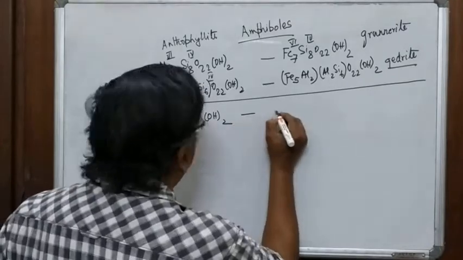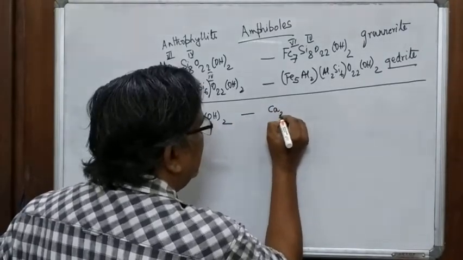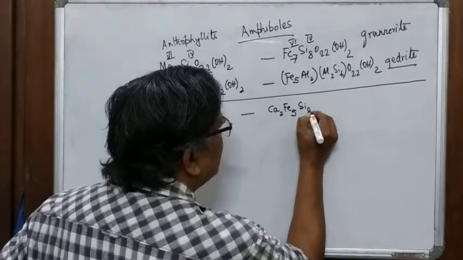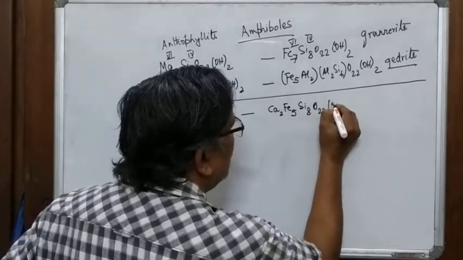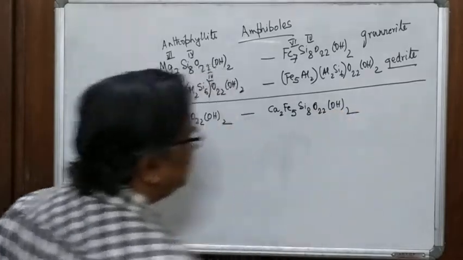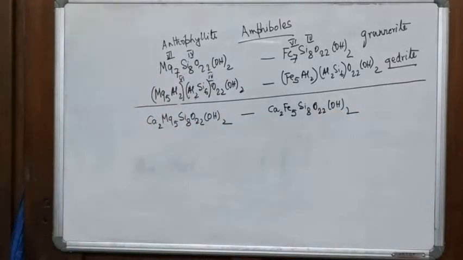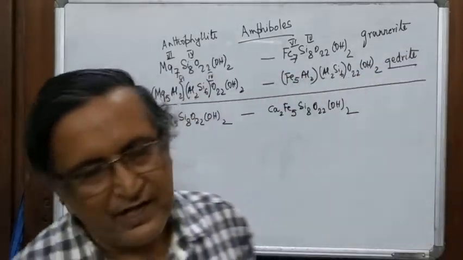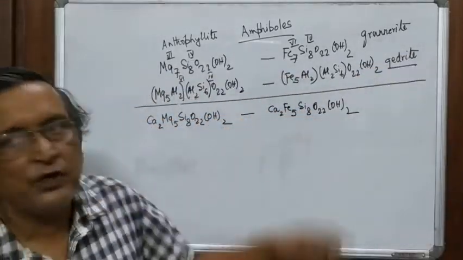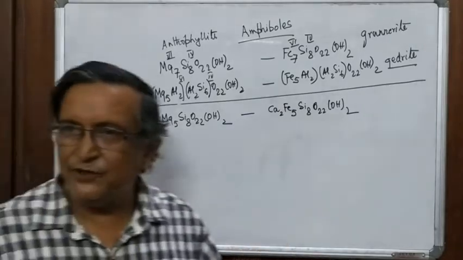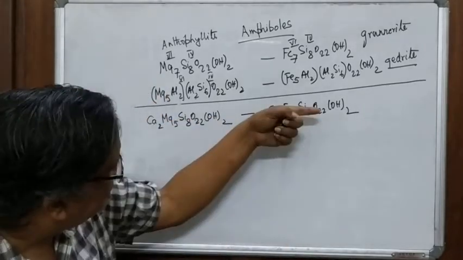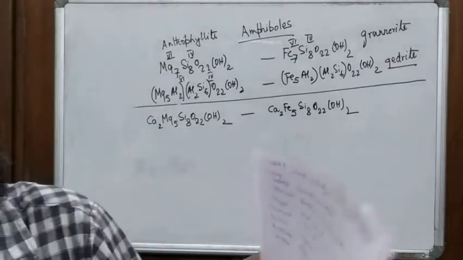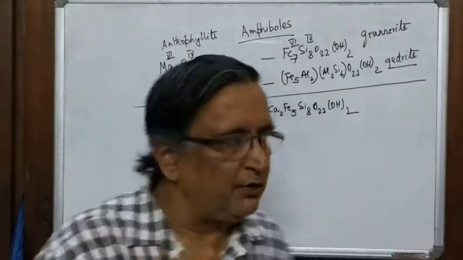And you have the iron end member, which is Ca2Fe5Si8O22(OH)2. This has a nice name. It's called actinolite. This is the tremolite-actinolite solid solution. Nice name, no? Actinolite. Tremolite and actinolite form the solid solution series.